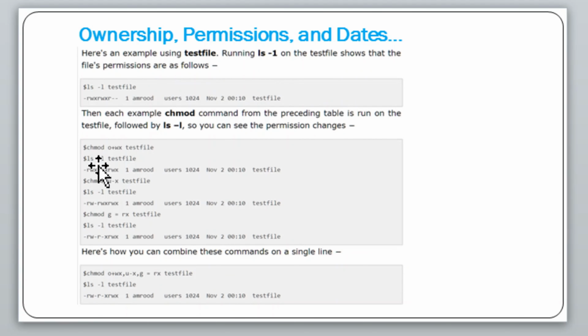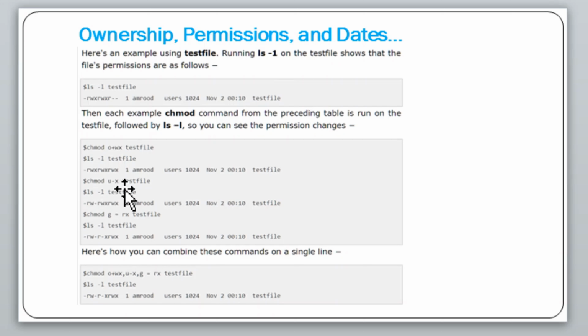The first one here, we see chmod o, which is other, plus write and execute. When we run ls -l again, that gives other the write and execute permissions now. You see above it was read only, and now it's write and execute.